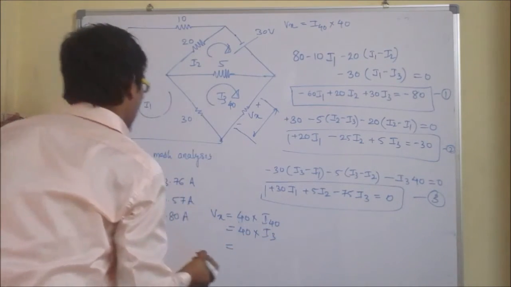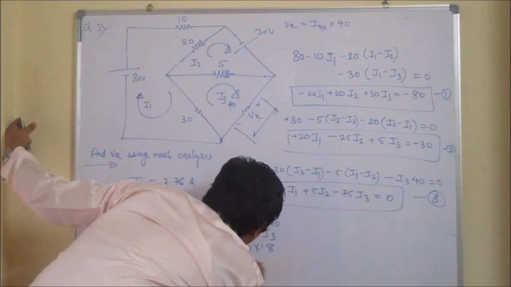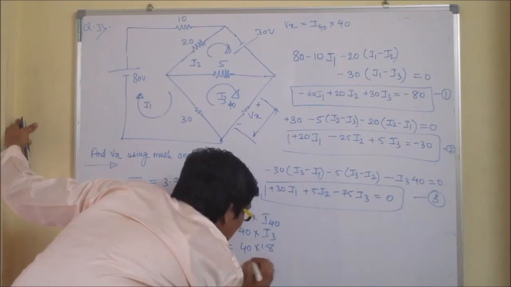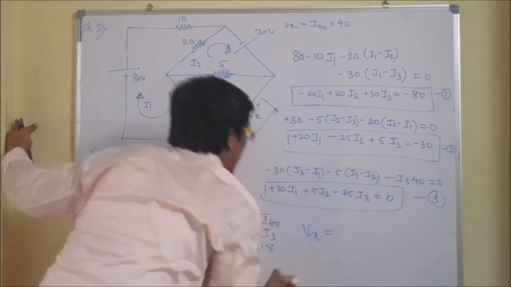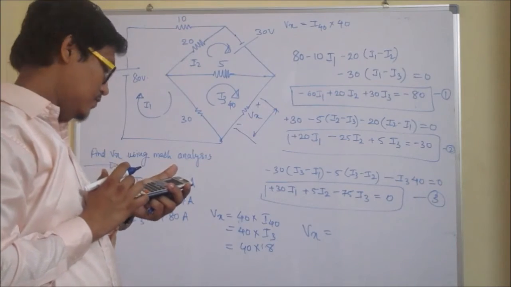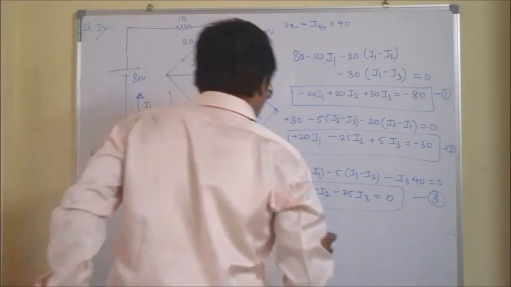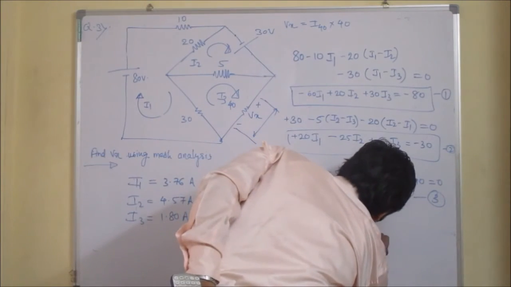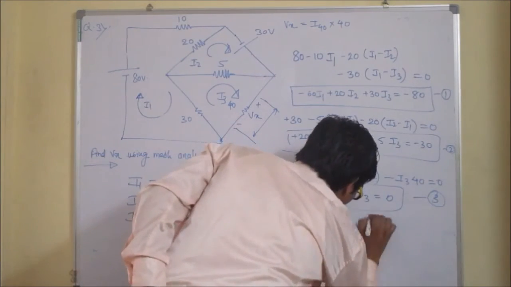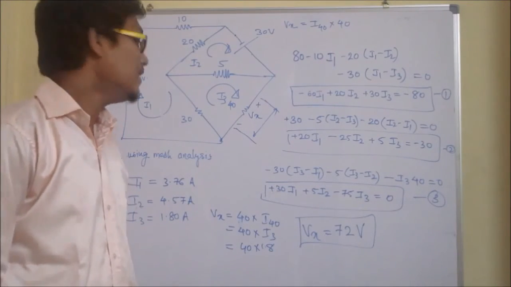So Vx is equal to 40 into 1.8, that is 72 volts. This is our final answer.